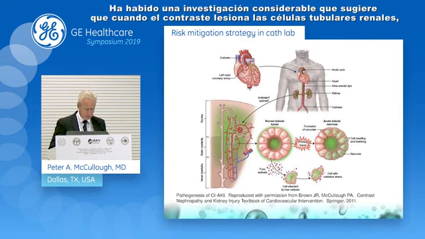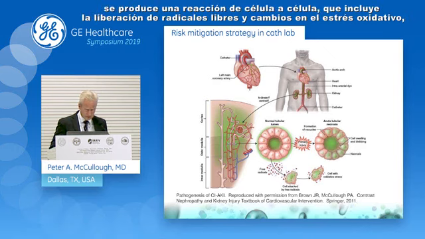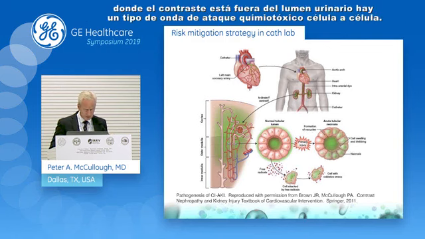There has been considerable research to suggest that when contrast injures renal tubular cells, there is a cell-to-cell reaction that occurs, including release of free radicals and changes with oxidative stress, where the contrast is out of the urinary lumen.